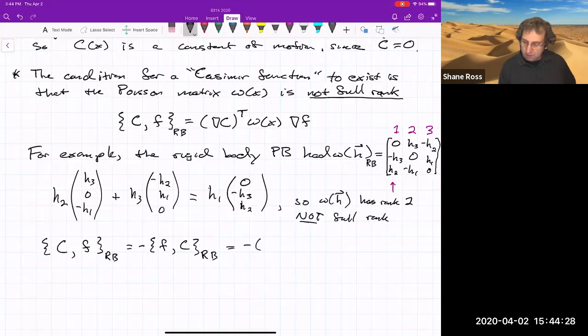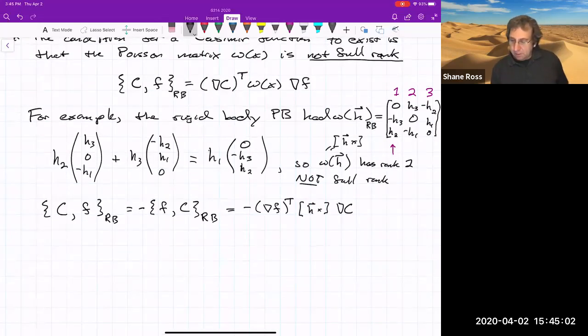And then this would be minus our gradient f transpose. And what does this omega look like? Last time we said, well, this looks like writing h cross product, but in the matrix form. Here's gradient C.